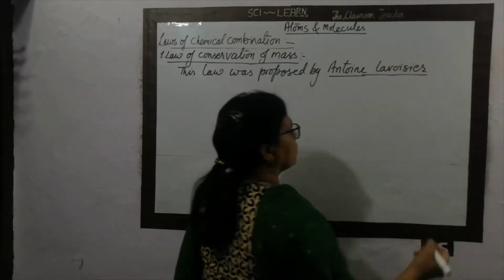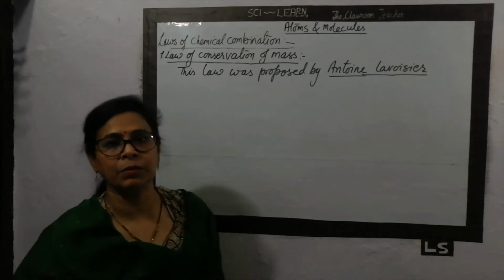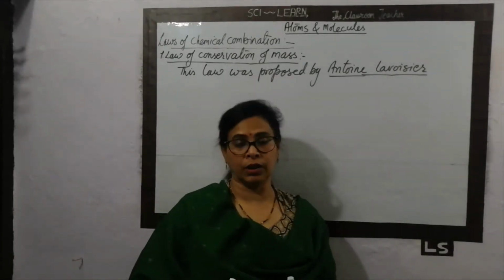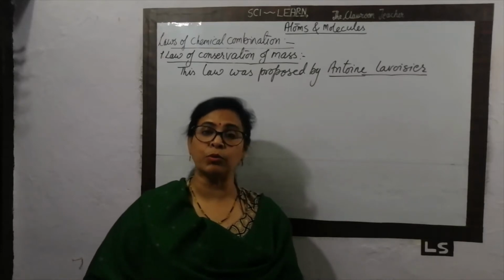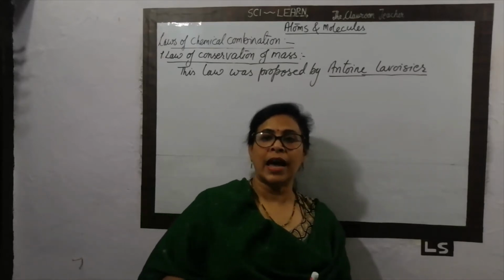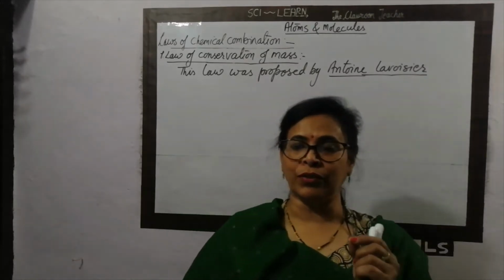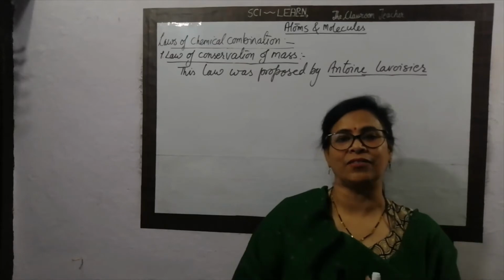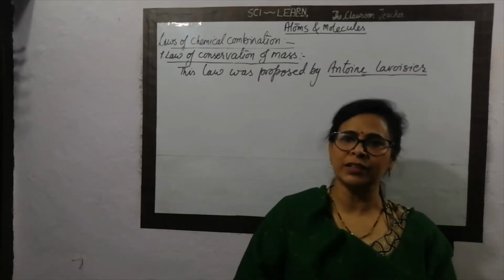Actually, he was the chemist who went through the combination process, so he proposed the first law that we call the law of conservation of mass. Conservation means to protect, to save.